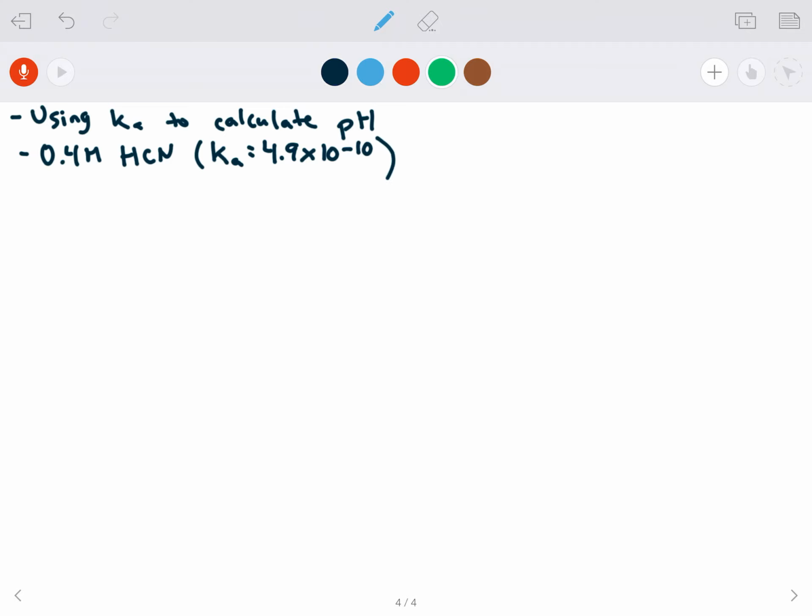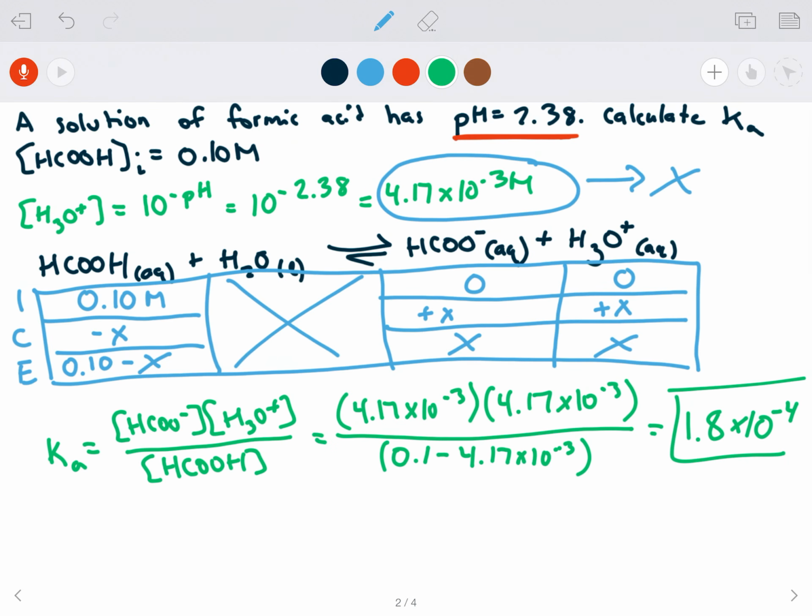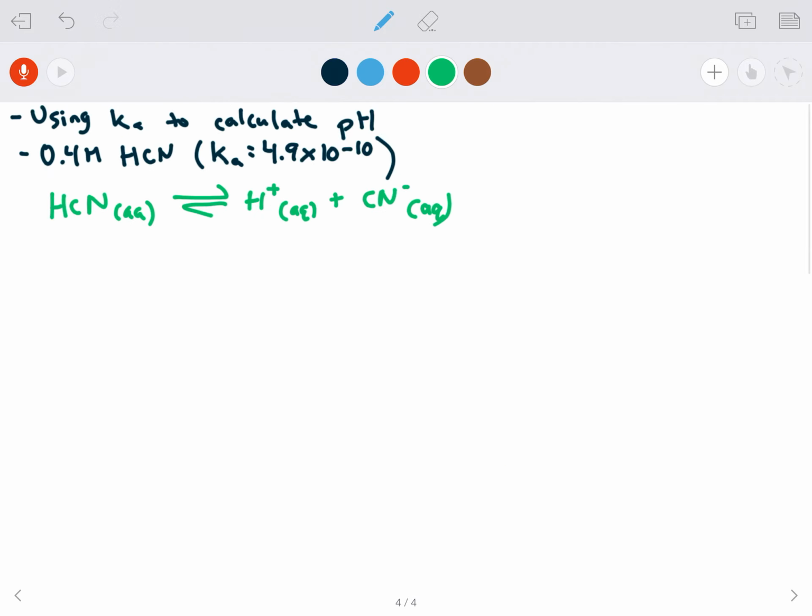All right, so I'm going to set up the equilibrium here. Just going to be, right, HCN is in equilibrium with H plus and CN minus. Now notice, I'm not writing in the water here or the hydronium ion. The equilibrium's the same, whether you write it like this or you write it like we did in previous examples with the hydronium, because you don't consider the water.